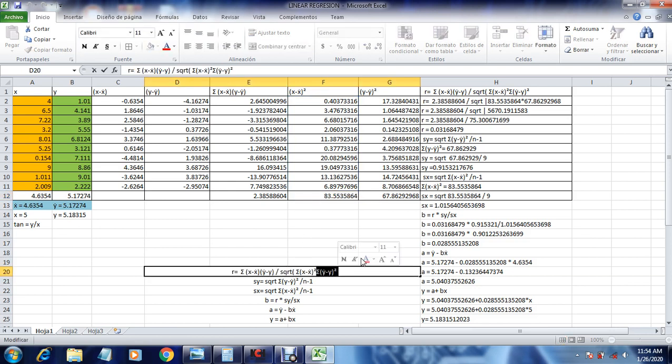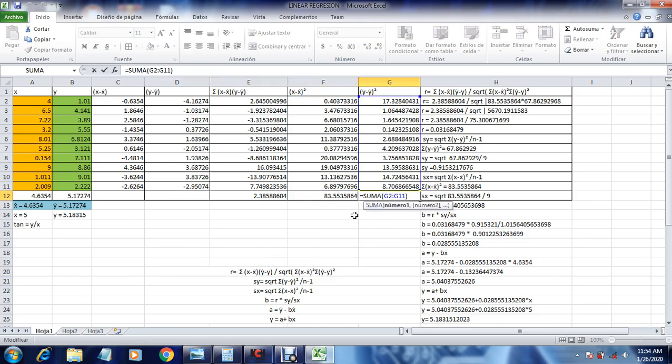The summatory of this is this value. And then square it. There they are, solving the problem for this.